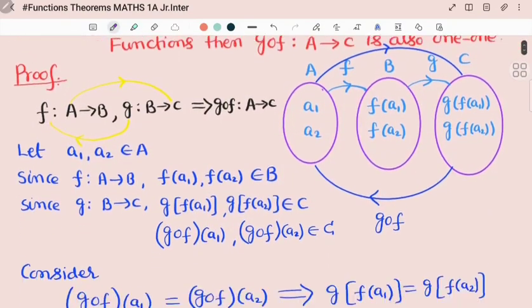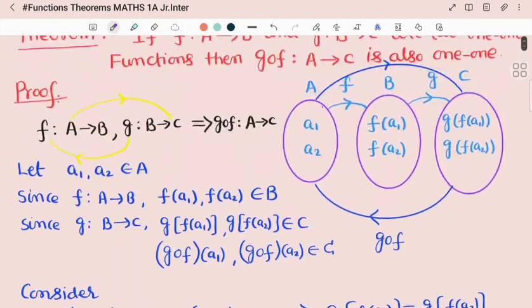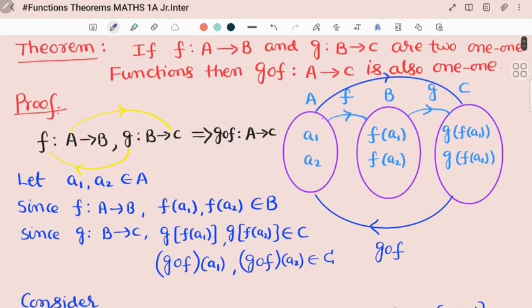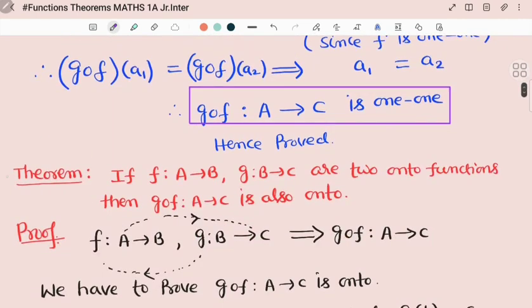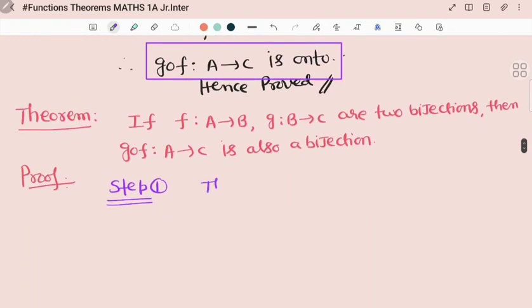So you can take this one completely, you write it in step 1. Otherwise, take theorem number 1, theorem number 2, so 1 and 2 combined. So step 1, theorem number 1. In step 2, theorem number 2.